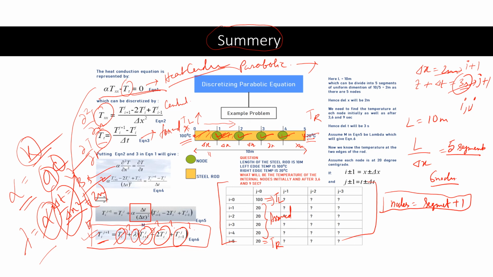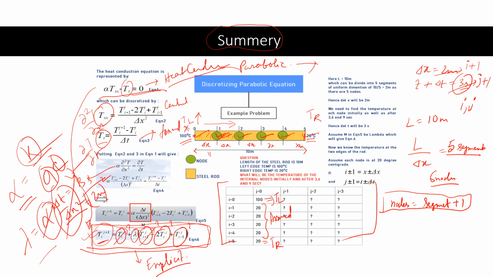This time, we are trying to find out the temperature T at the next time increment, with the help of the temperature values of that node and the adjacent nodes at the previous time scale. So that is why this equation is an example of an explicit equation, because with the information of the previous time domain, we are trying to find out the value of the variable for the next time domain.